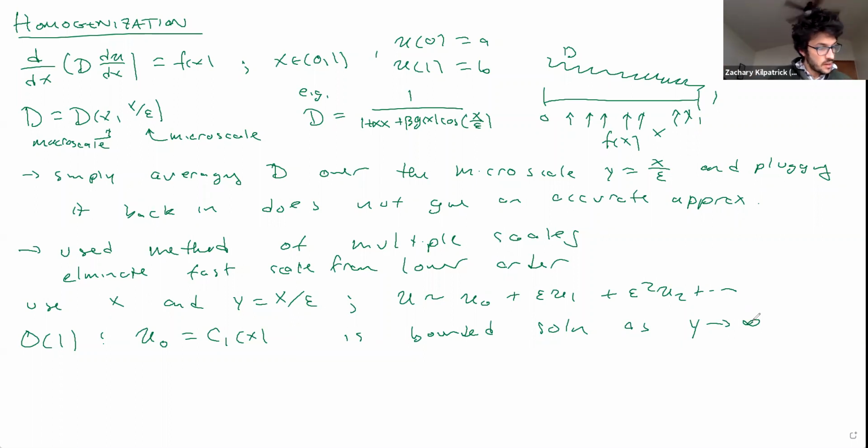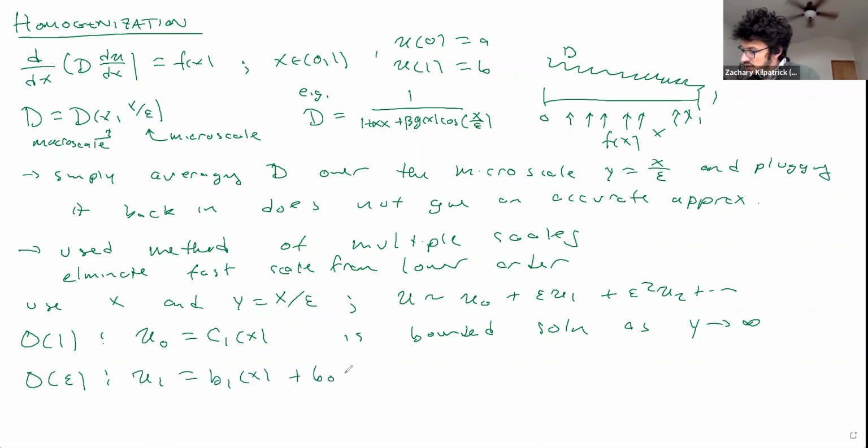In a similar way, we found that at order epsilon, u1 is equal to b1 of x plus b0 of x times the integral from y0 up to y ds over d of xs minus y dx u0.